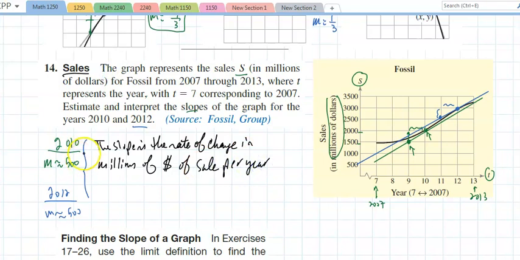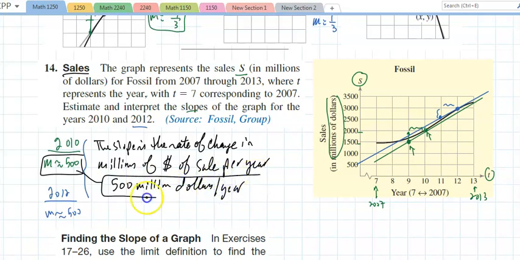Right? So here in the year 2010, we're saying roughly we were selling $500 million. That's the rate of change roughly per year. If the slope goes up, that means you're selling more.